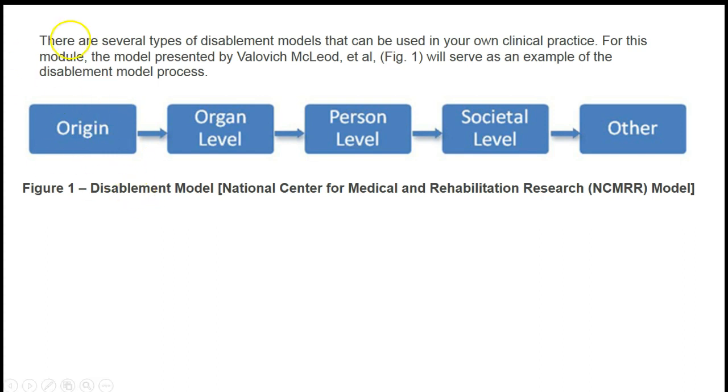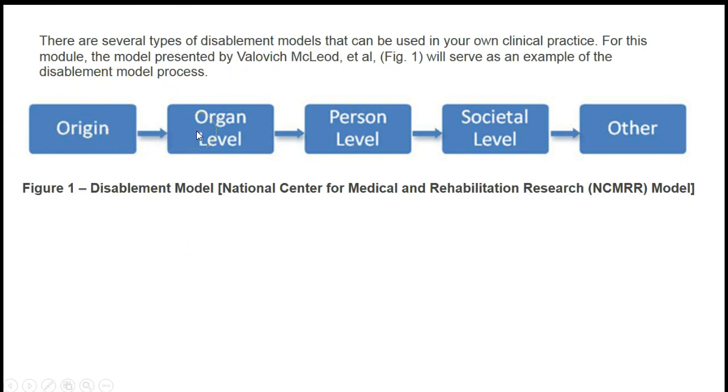In other words, this is where we determine the illness, the pathology, or the injury that is giving rise to the disability through the use of different diagnostic techniques. So that could be our special testing, that could be an MRI, that can be an X-ray, right? That's what we tend to do most often as clinicians in patient assessment. We spend a lot of time in this origin section.